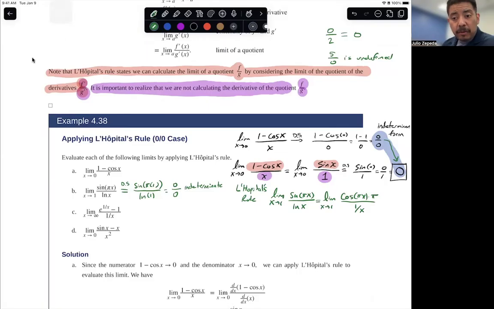And now I can try direct substitution again, which gives me the cosine of pi times pi divided by 1 over 1. And that's going to be equal to, let's see, what's the cosine of pi? Cosine of pi is -1. So this is equal to -1 times pi divided by 1, or just negative pi.